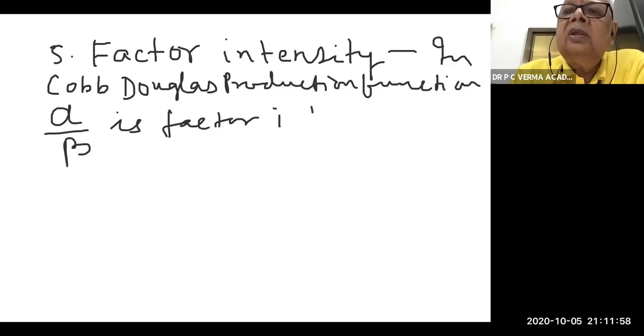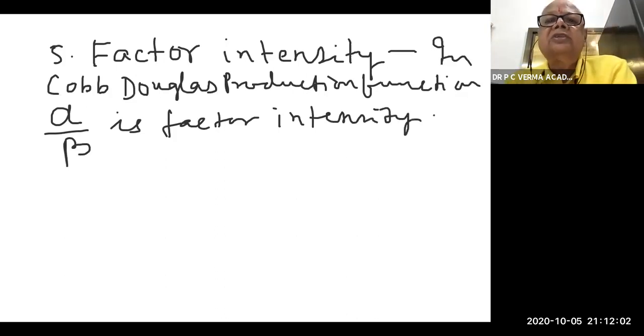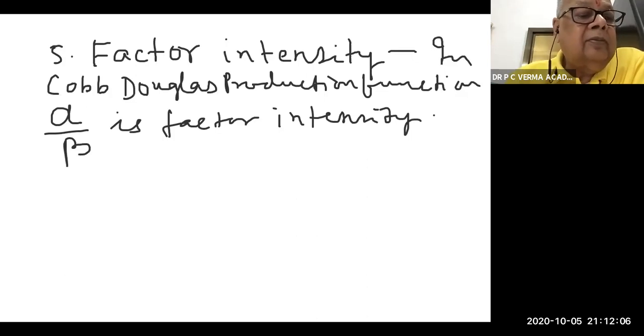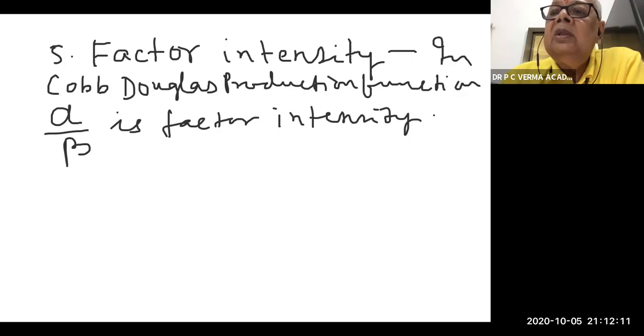Factor intensity is measured by alpha by beta, the ratio of the factor coefficients in the Cobb-Douglas production function.